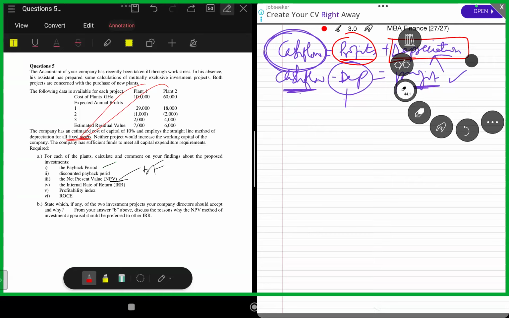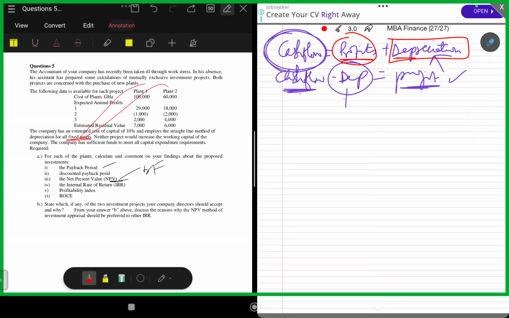Annual profit. Every year profits, right? Yeah. When you add a depreciation to the profit, what do you arrive at? Cash flow. Good.